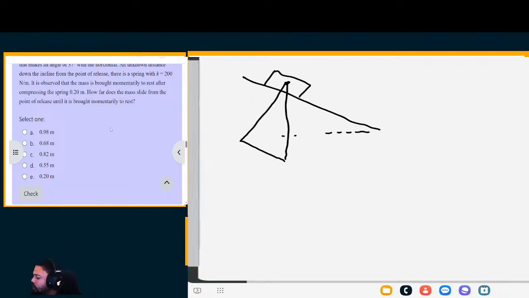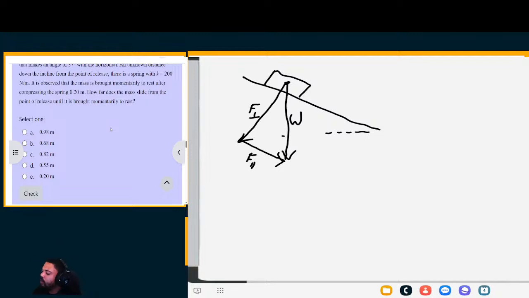This would be F normal, this would be F perpendicular, and this would be F parallel. This is the weight, and this is the parallel force, the normal or perpendicular force, and the parallel force will give you the weight, the hypotenuse in this case.